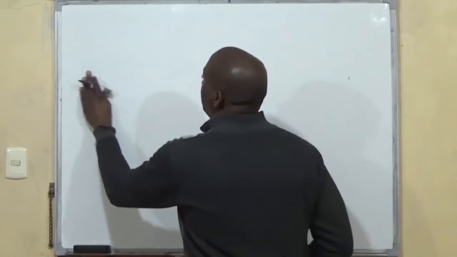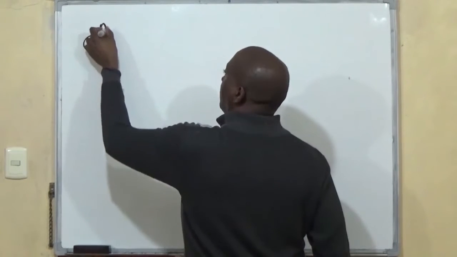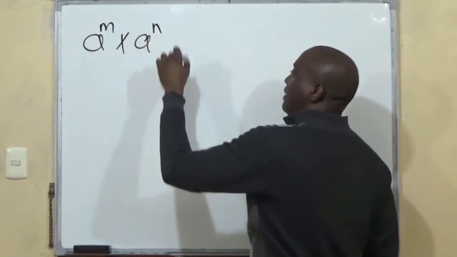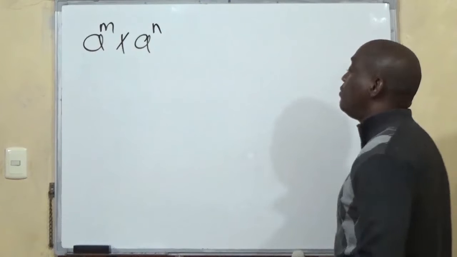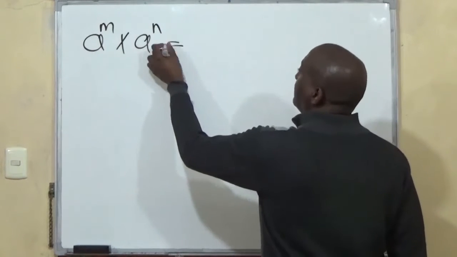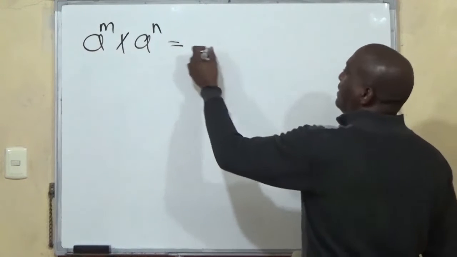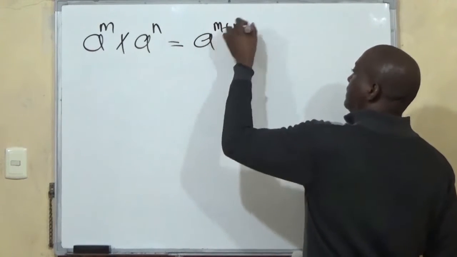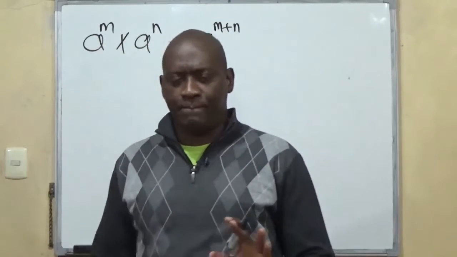So when we're doing our exponentiation, if we say a to the power of m multiplied by a to the power of n, there's a particular rule for that. And the rule is that a to the power of m times a to the power of n is a to the power of m plus n. That is the rule.